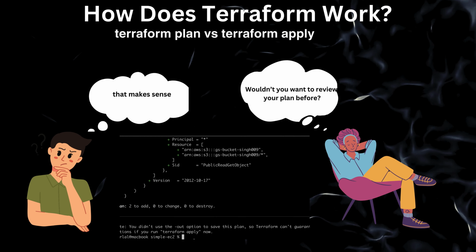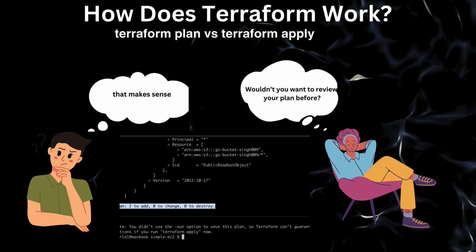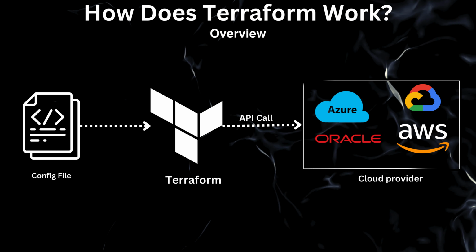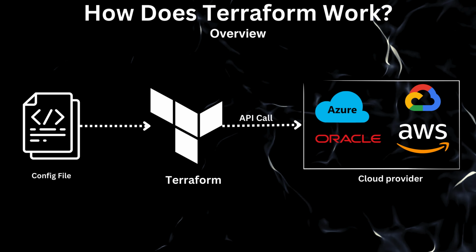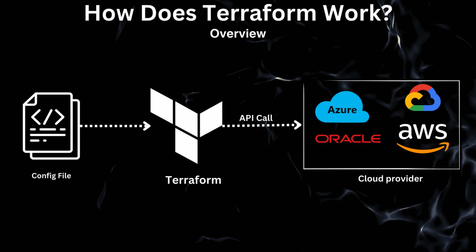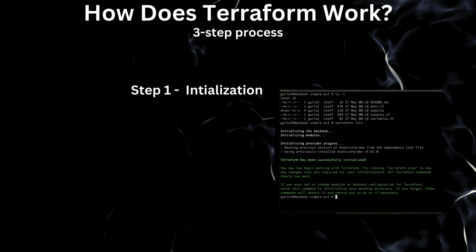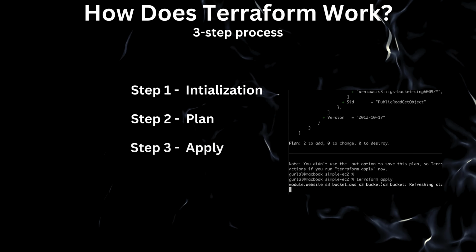So you don't need to run Terraform plan, but it is highly recommended that you do it before you do Terraform apply. So this is the overview of Terraform's workflow. You have configuration file, Terraform talks to provider, and then you run the three-step workflow to create the resources.